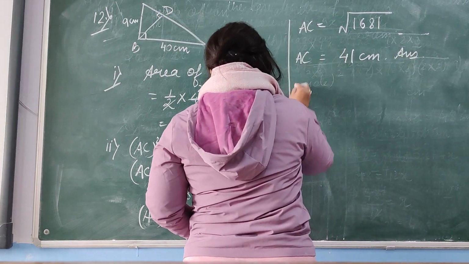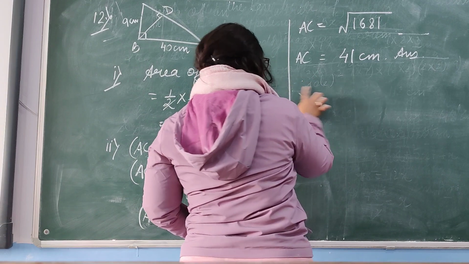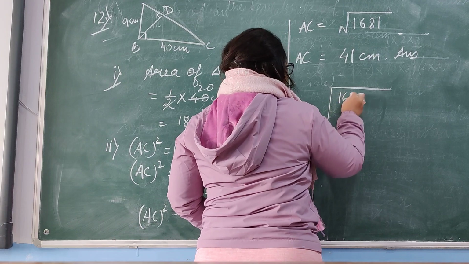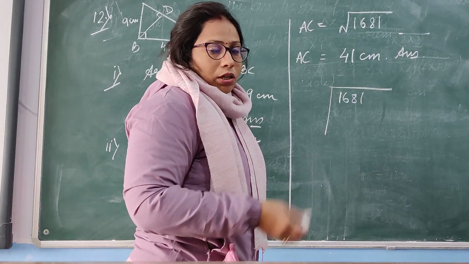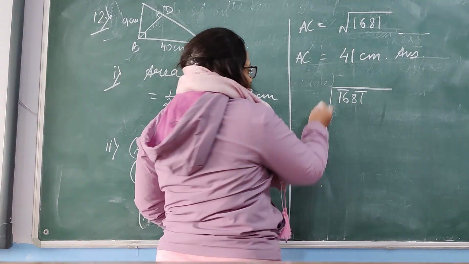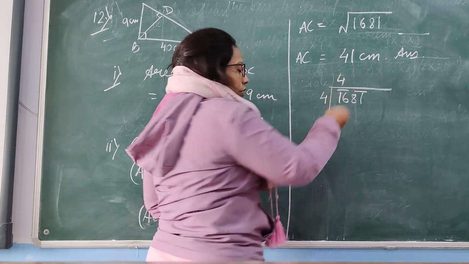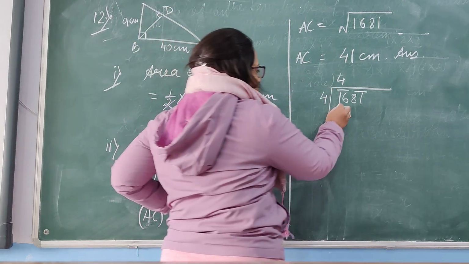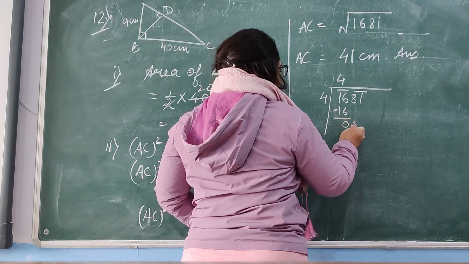This is what we had to calculate. Okay. Now, how have I calculated? If you want to know, there is a way in which we write the number in this way, and then we pair them up, and then we divide the number this way by a square. So 4 4 is 16, and this is 81.